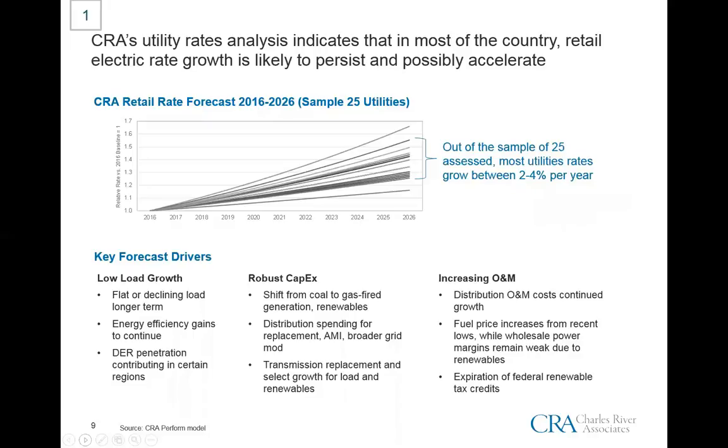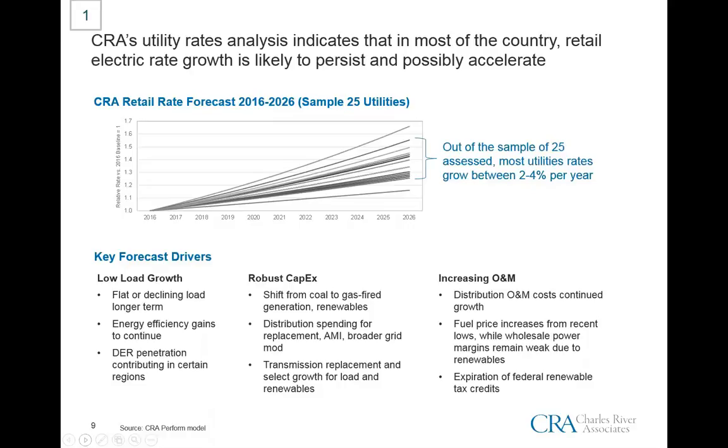But basically what you see here as drivers is low load growth continuing. The energy efficiency gains continue, though they do peter out, and we have that reflected. You have robust CapEx in various forms. We'll talk about that more in a little bit. And then you have increasing O&M, though there is the pressure to reduce it, and so that's reflected as well.